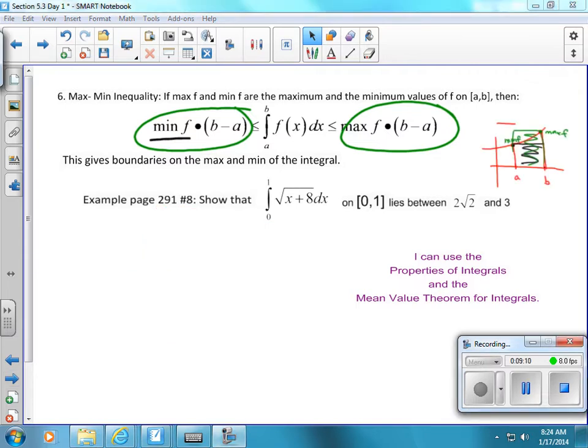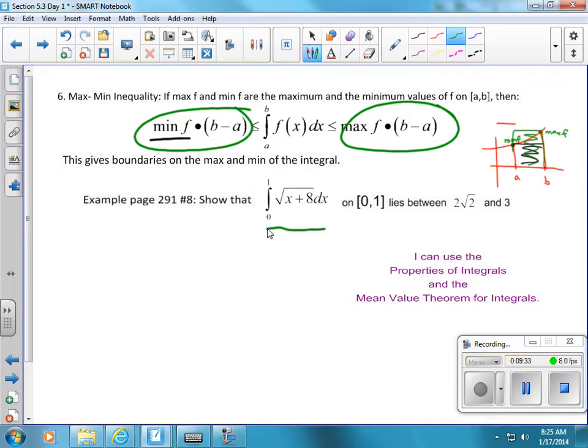So I moved our diagram over to the right, and we're actually going to do problem number 18. So we're going to take the minimum f. Okay, first of all, let's read the problem. It says, show that this integral, this area under the curve, between 0 and 1, lies between 2 square roots of 2 and 3.